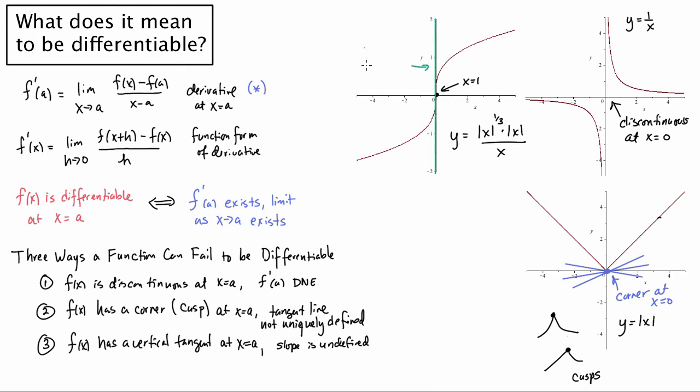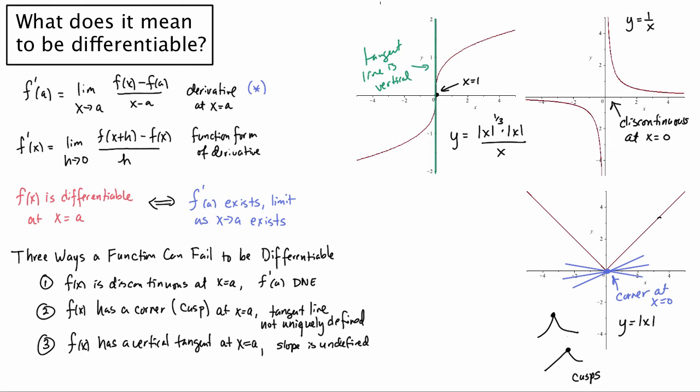And so the tangent line in this case is vertical. Anytime you have a vertical line of tangency, then the function is not going to be differentiable at that point because it's sort of an overload in some sense. You get values of the derivative, the slopes, all the way up to that point. All of a sudden it just goes off the scale because the slope there is vertical. So those are the three ways in which a function can fail to be differentiable.